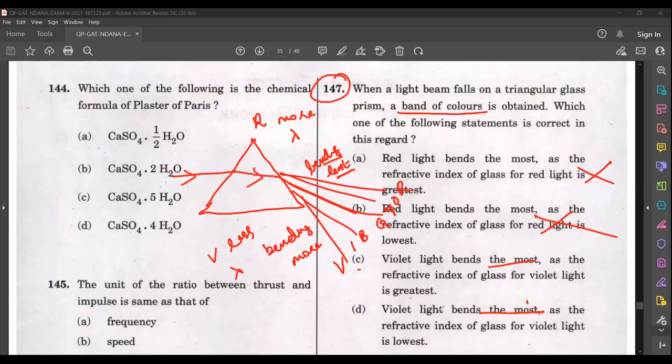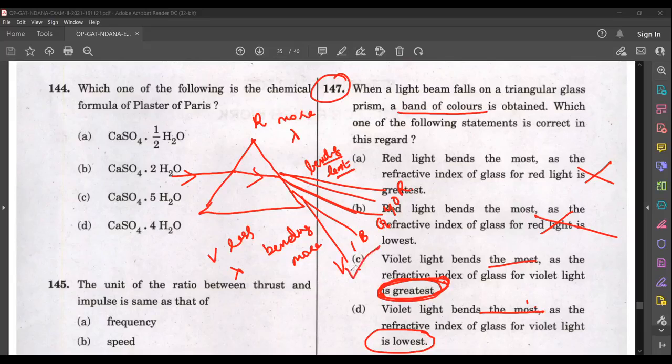So when does more bending happen? When the refractive index is greatest or when it is lowest? When the refractive index is greatest, the violet light bends the most.